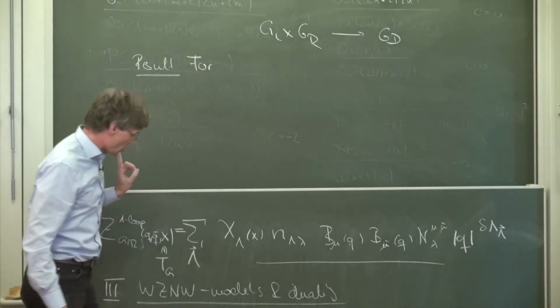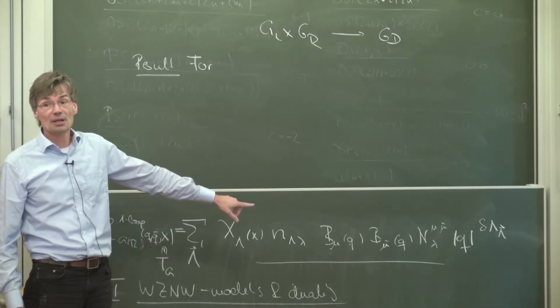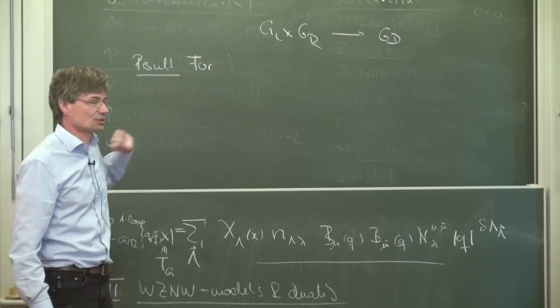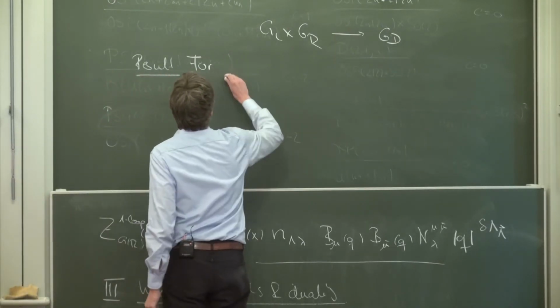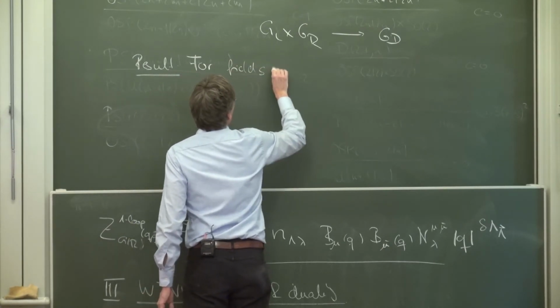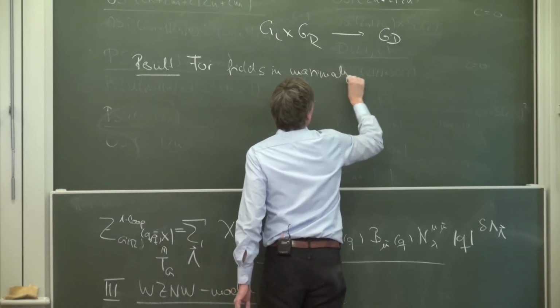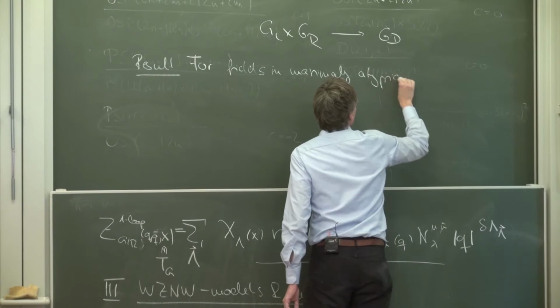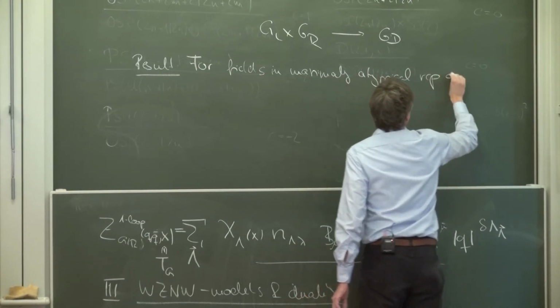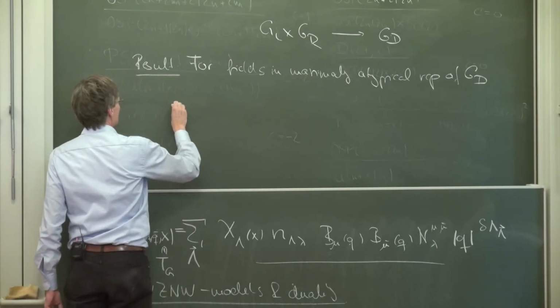So in fact, for all those representations that are maximally atypical with respect to the diagonal symmetry, this actually turns out to be a very rich class. For fields in a maximally atypical representation of G diagonal, we can write down a formula for the anomalous dimension.